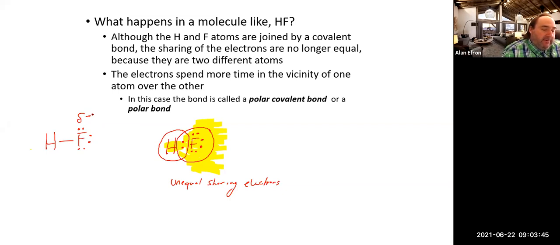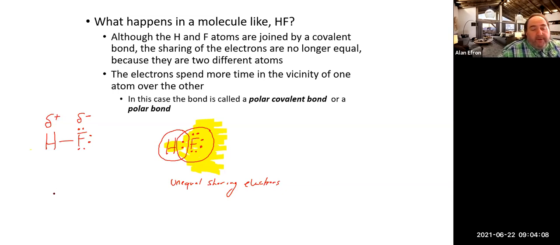That's a delta symbol, delta negative, partially negative charge on the fluorine. And on the hydrogen, because the electrons are all kind of hanging out at the fluorine side, the hydrogen now is sort of electron deficient and is a little bit more positive and creates a partially positive charge there on the hydrogen side.